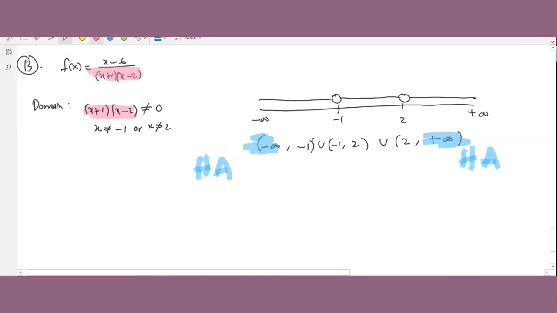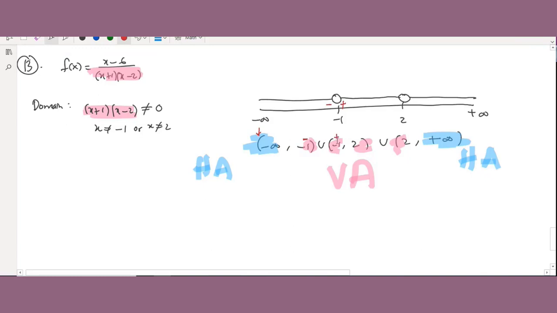Then the second one is to test for vertical asymptote. Maybe this one first. This one is negative 1 from the left, and negative 1 from the right. 2 from the left, and 2 from the right.